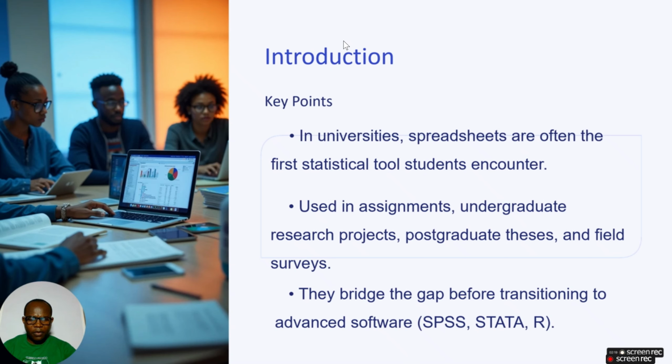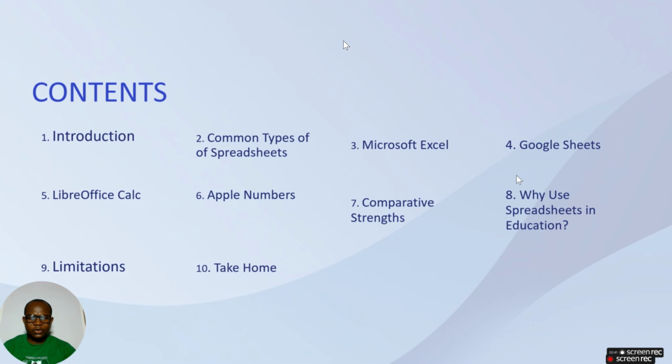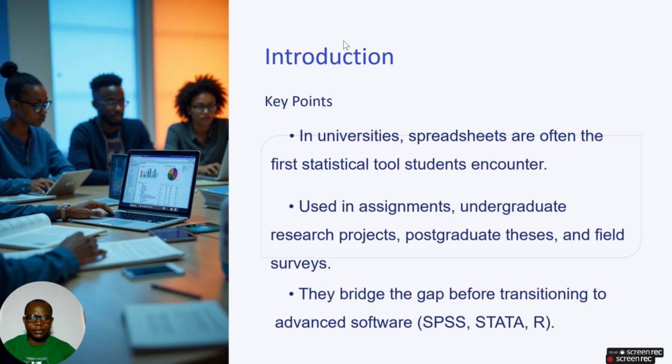But of course, we have different types of spreadsheets. We have the basic spreadsheets that are essentially used for data management, data cleaning, and basic statistical operations. And these are the four examples I've earlier mentioned: your Microsoft Excel, your Google Sheets, your LibreOffice Calc, and also the Apple Numbers.